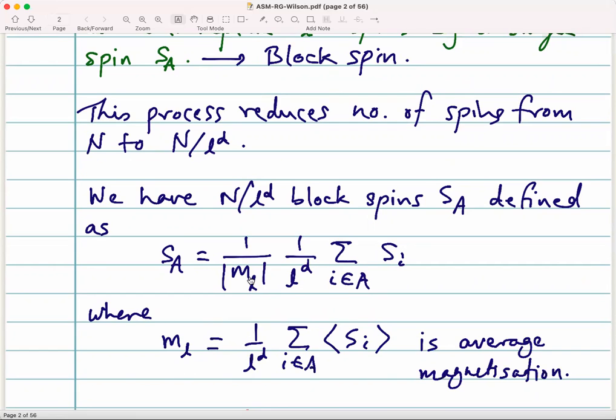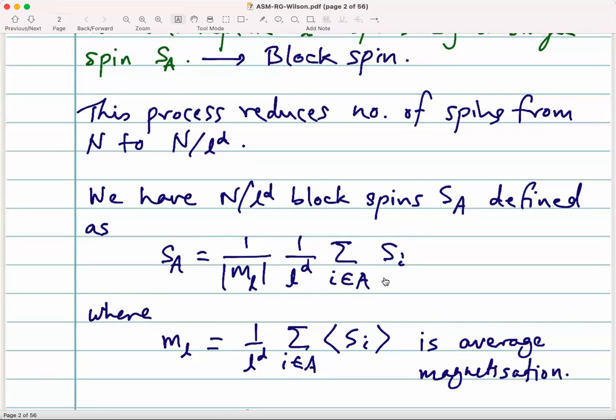Now the reason why we are choosing 1 over modulus m_L here is because if you do that, then the quantity on the right hand side takes the same values that S_i were taking. So suppose you had the spins taking values plus or minus 1, like the way Ising spins were, then S_A also would take values plus or minus 1.